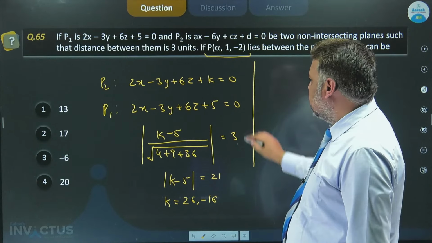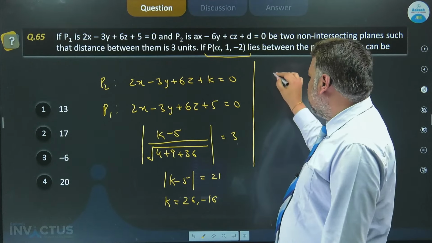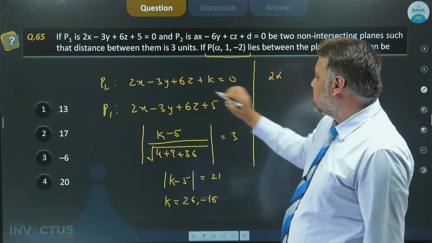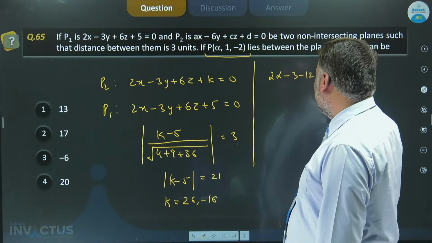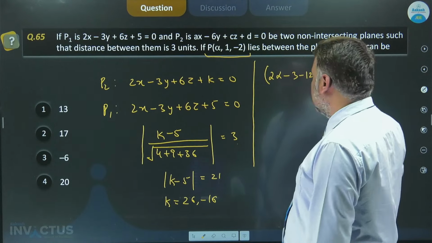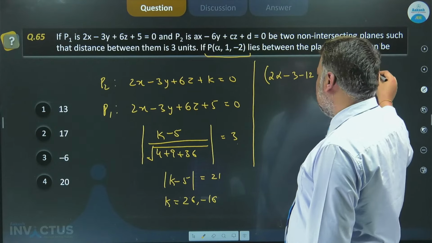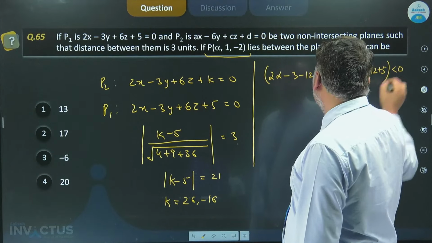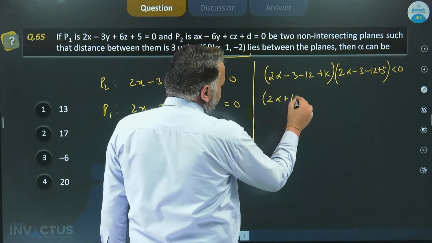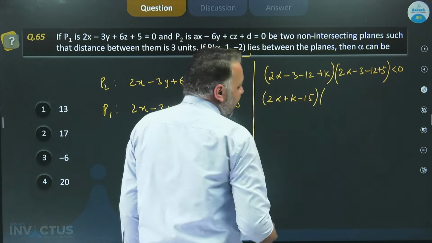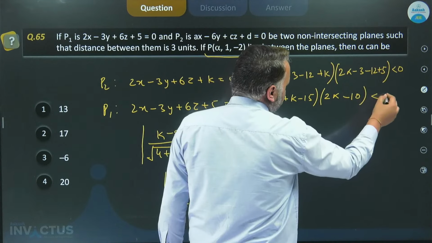So if we put (alpha, 1, minus 2) in both the planes, the first will be 2 alpha minus 3 minus 12 plus k, and in the second plane P1 that will be 2 alpha minus 3 minus 12 plus 5. This must be less than 0. So this is 2 alpha plus k minus 15 multiplied by 2 alpha minus 10, and this should be less than 0.